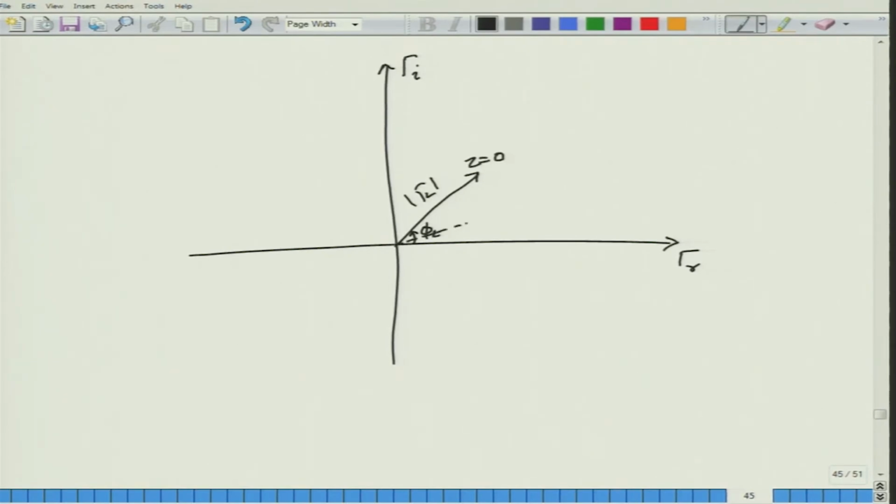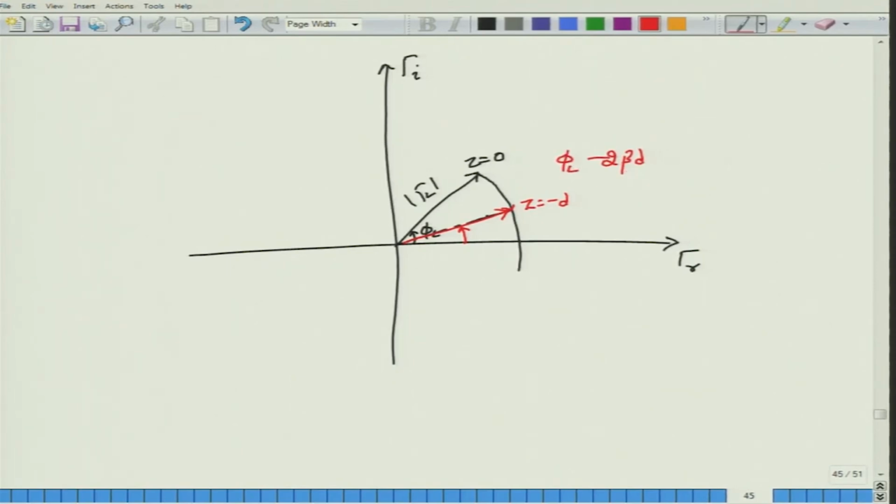At some value of z away from the load, towards the generator, your reflection coefficient would remain the same magnitude but its angle is now different. The amount that you have rotated from z equal to 0 to some z equal to minus d would be equal to minus 2 beta d, because the total angle now is given by phi L minus 2 beta d.